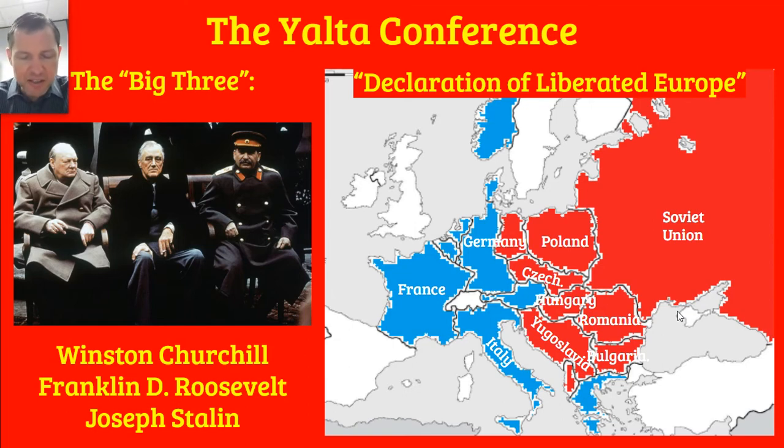Now, the reality is this: Stalin had no intention of keeping any of these promises. And he said so, not obviously to the leaders of the Western countries, to Churchill, to Roosevelt, but when he went back and spoke to his advisors, some of them were really alarmed that he had made this promise. And Stalin said, we don't really have to keep this promise.